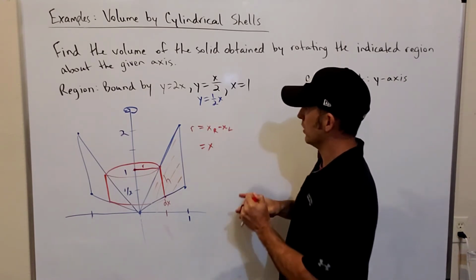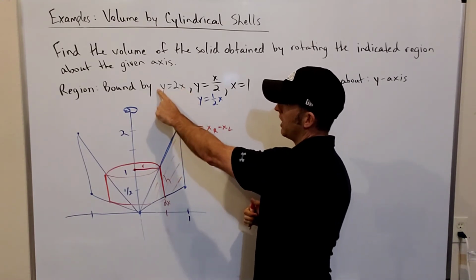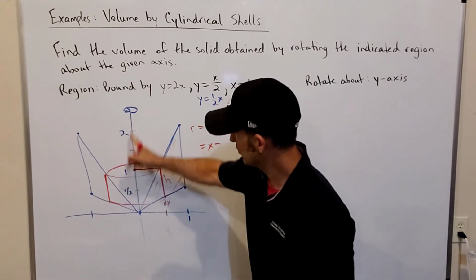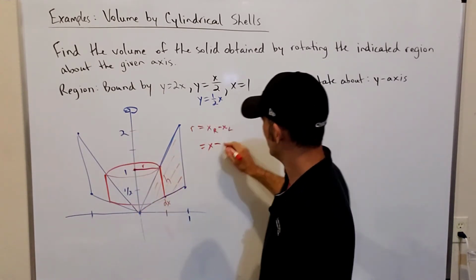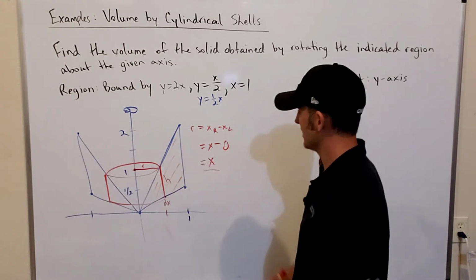I just want it in terms of x, so I don't need to solve for x here and get y, right? It's just x. Minus my leftmost x, well, my x value here is a constant of 0. So my radius is measured as x.